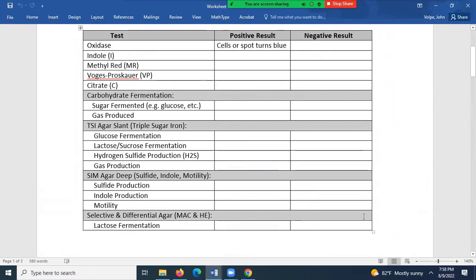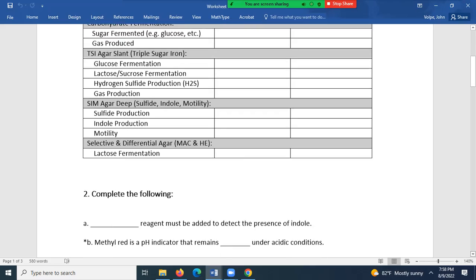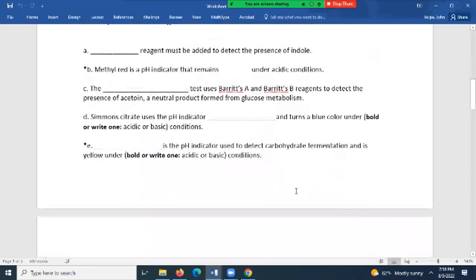Like I said, you will get this information either from the lab module or from the Microbuzz website. Then complete 2, filling in the blank: what reagent must be added to detect the presence of indole. Fill that in and then do that for each question.